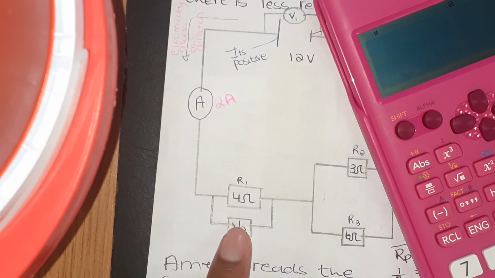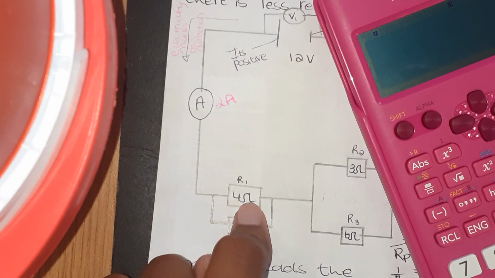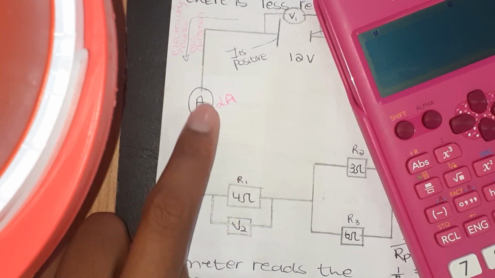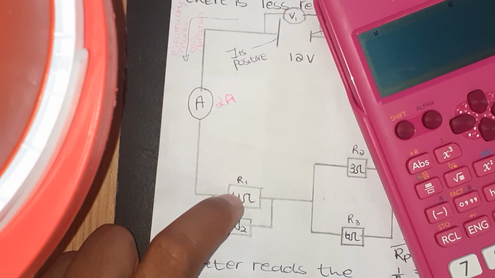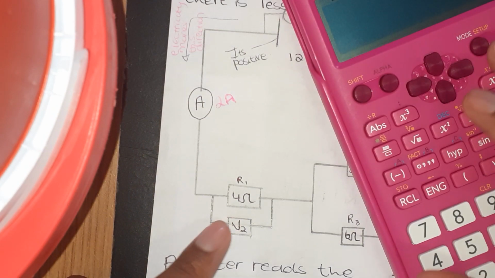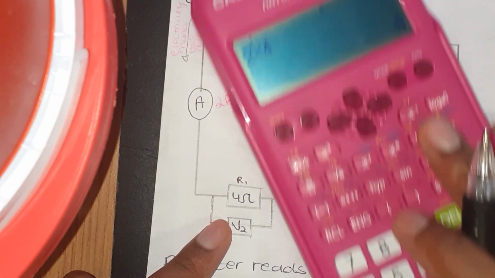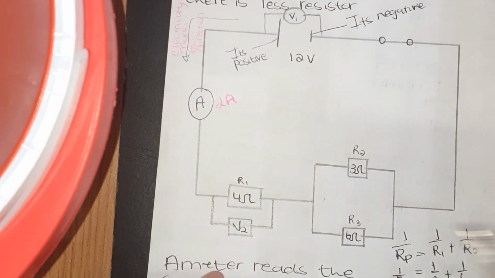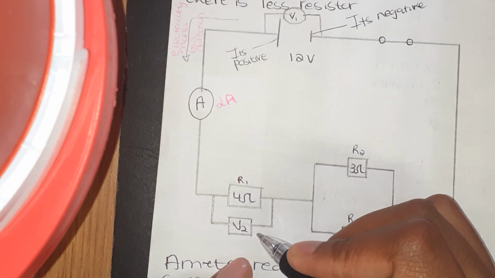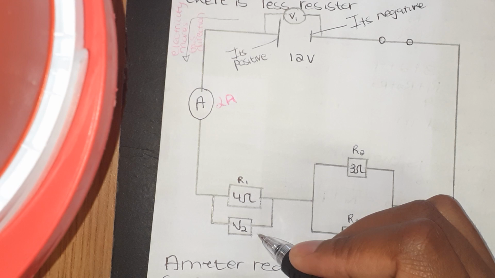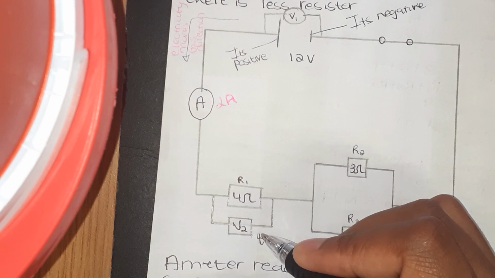So when you want this voltage, you are still going to say resistor times amps. So you're just going to calculate between these small ones. So you will say 2 times 4, that is 8, and that is the voltage that flows in this resistor, 8 volts.